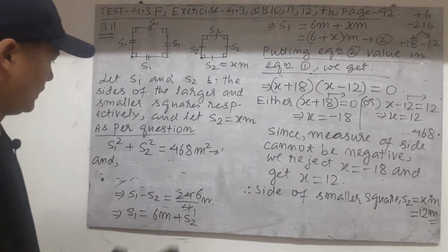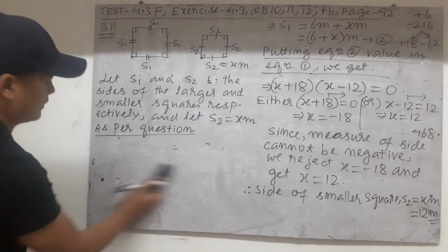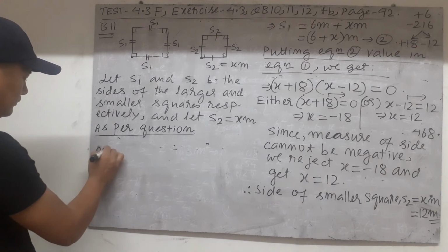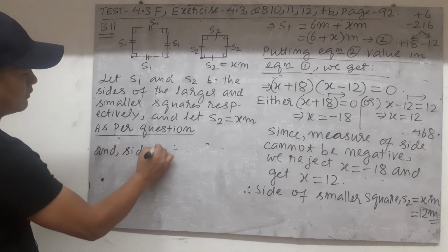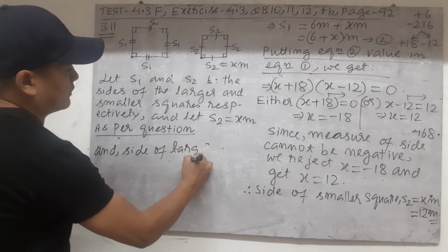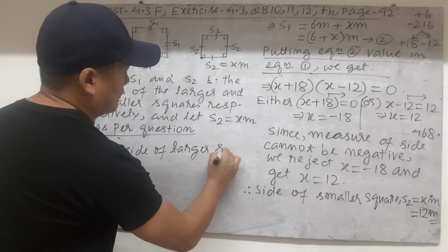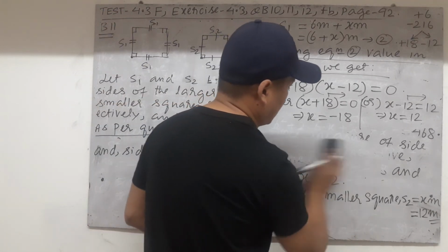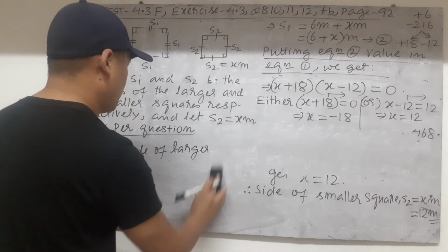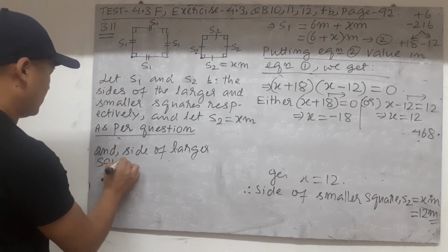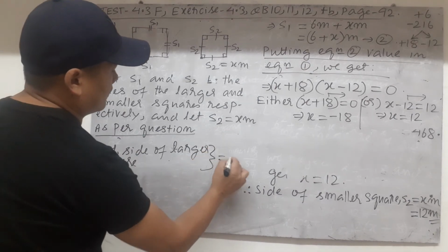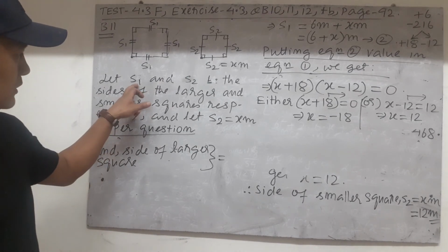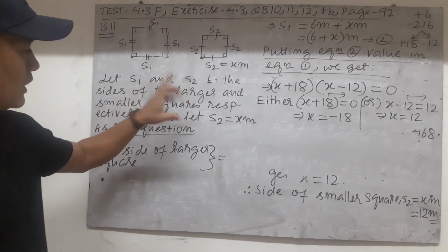Next one. Okay, we need this space, so I can just write it here. So therefore, the next one, side of larger square is equal to, you see here, S1 is the side of larger, S2 is smaller, so S1 is the larger.